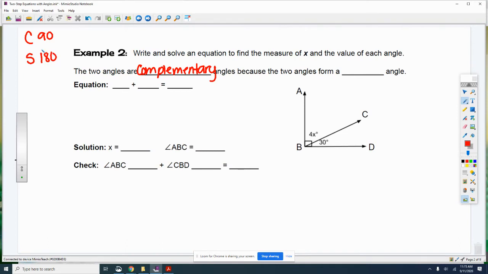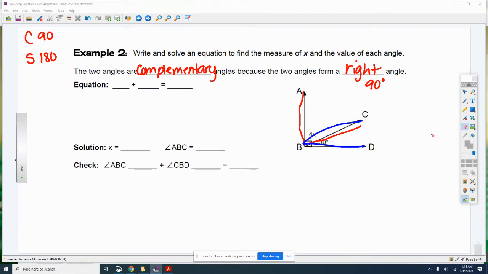So that was when I was younger, that's how I remembered it. And they form a right angle, which is 90 degrees, right? So you have angle ABC, and you also have angle CBD, okay? So we have to do our equation.